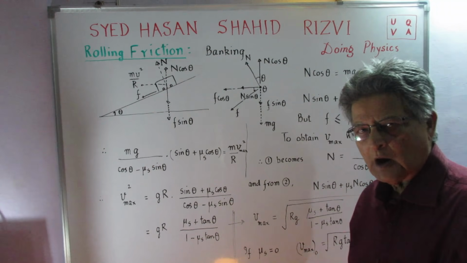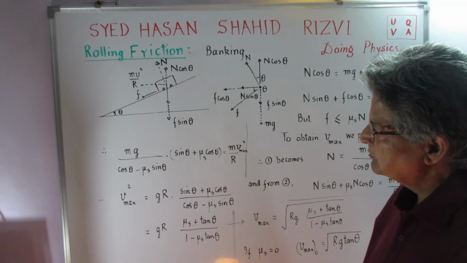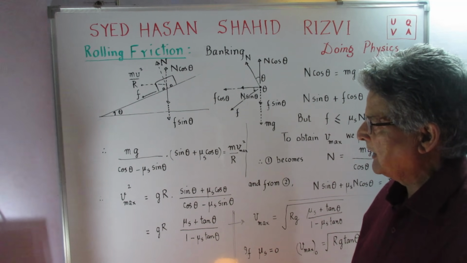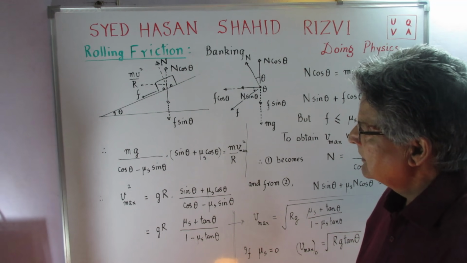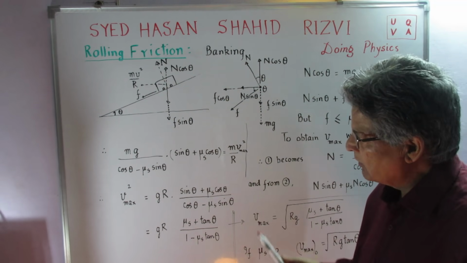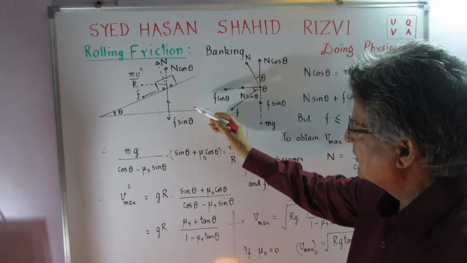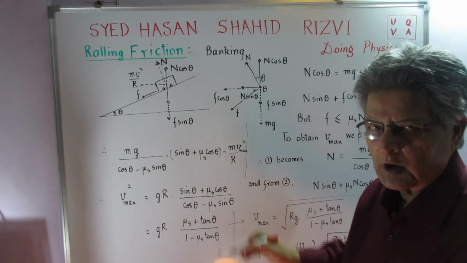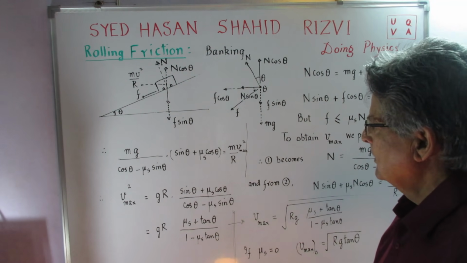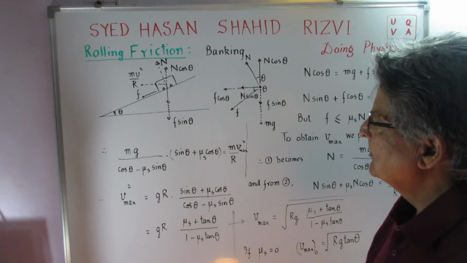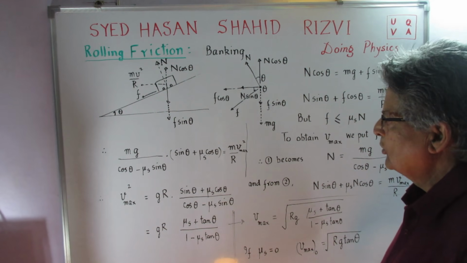Okay, so after taking the case of a vehicle going on a plane surface, making a circle of radius R, now I take up the case of a road which has been purposely banked, to deal with taking up a curvature of the road.